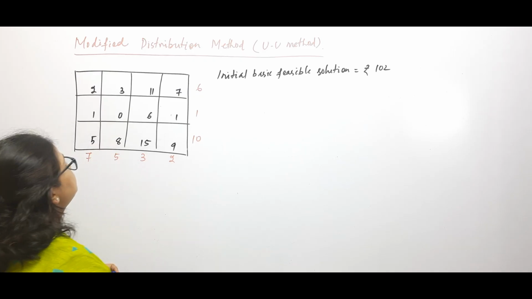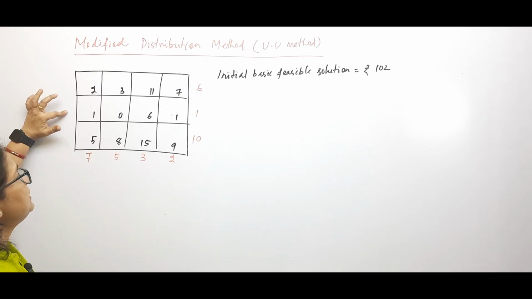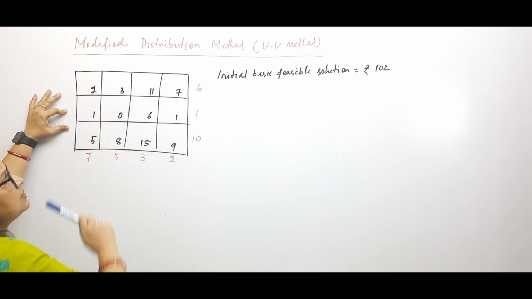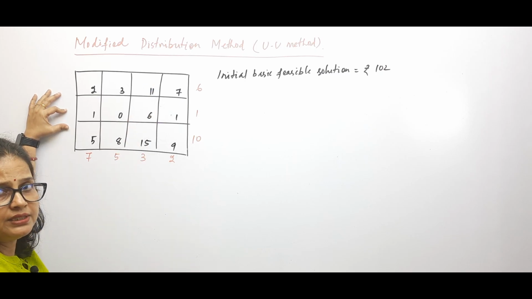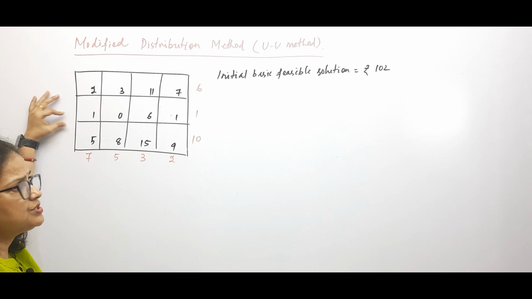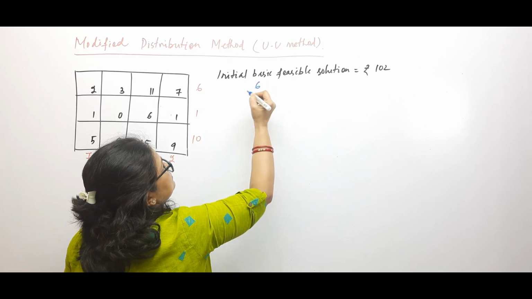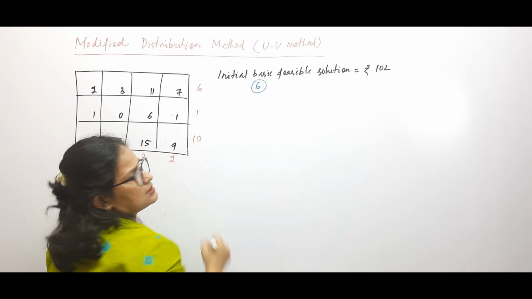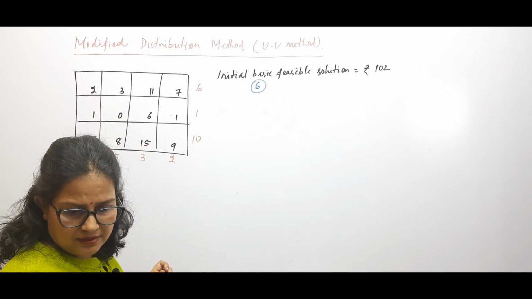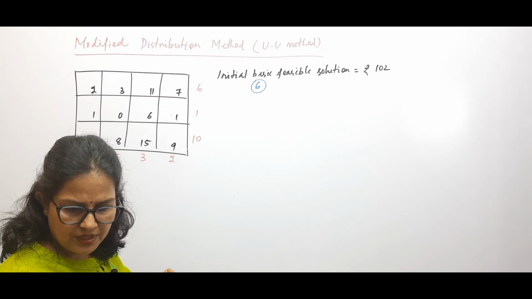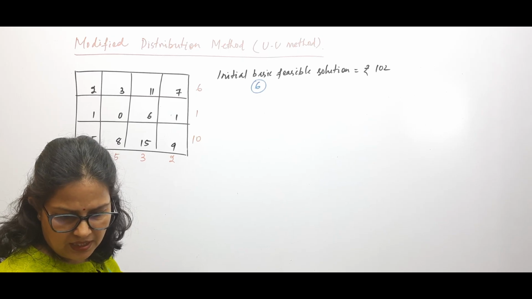The number of rows is 3 and the number of columns is 4. And what are the allocations? The number of allocations is 6, as we have already discussed. Let us see where we have done the allocations.